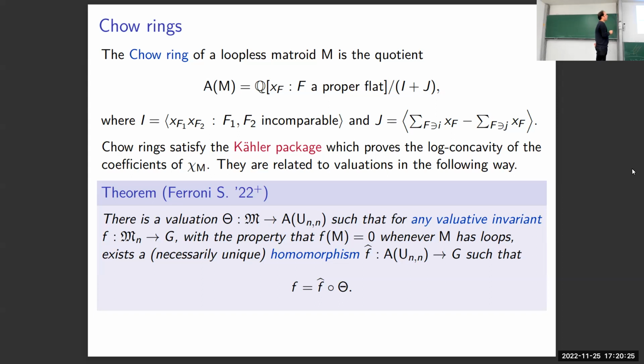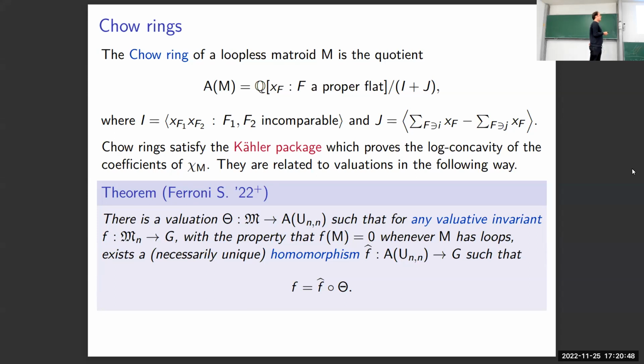Actually, if I see this correctly, the n is missing here. So both of them should be for fixed ground set size. Otherwise, you should take the product here of all the Chow rings. And the other way around, this is always true, so this is the only interesting direction.